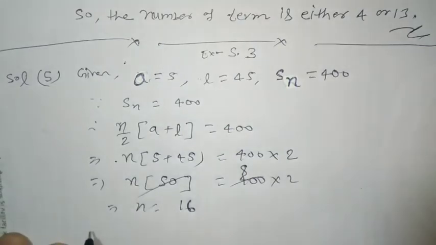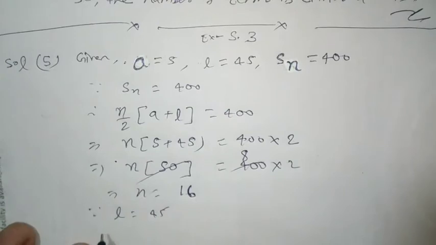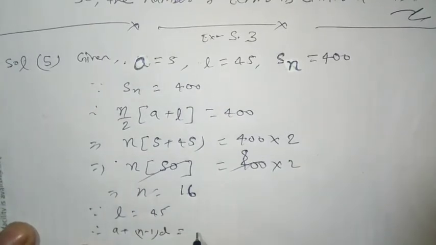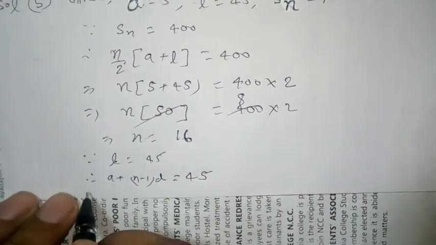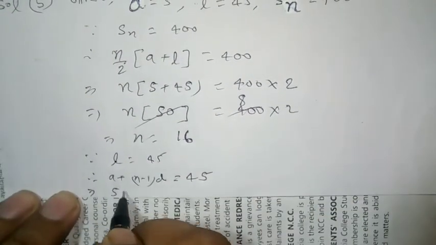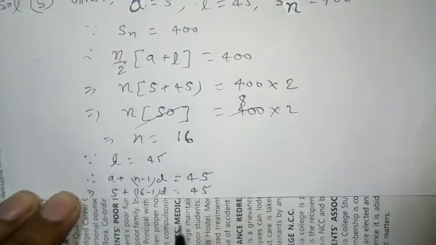Now because L is equal to 45, therefore a plus (n minus 1) into d is equal to 45. Implies 5 plus (16 minus 1) into d is equal to 45.